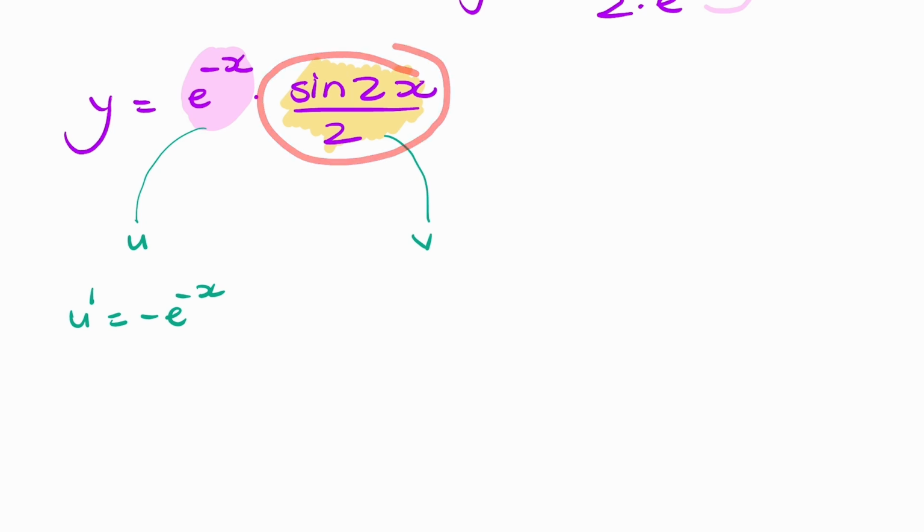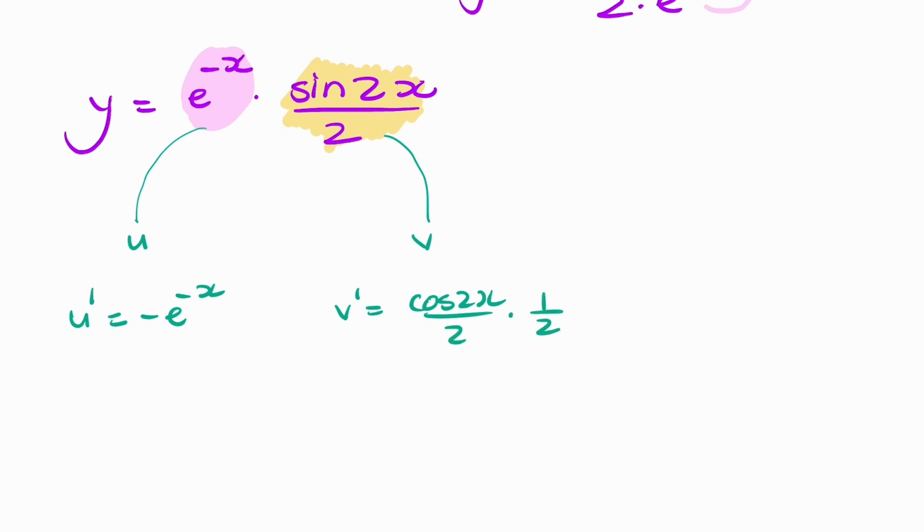And the derivative of sine is cosine multiplied by the derivative of the 2x, which is 2. That cancels with that 2. So I'll write it out in full. v dash equals cosine 2x divided by 2 times 2. And that will cancel, and that will give you cosine 2x.